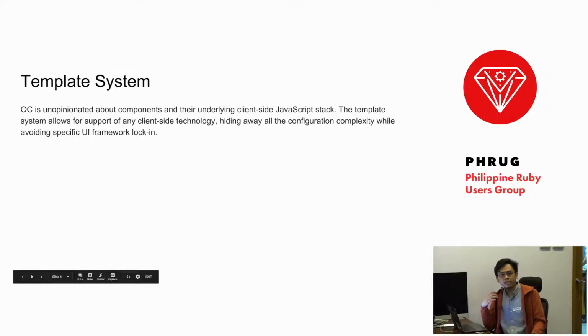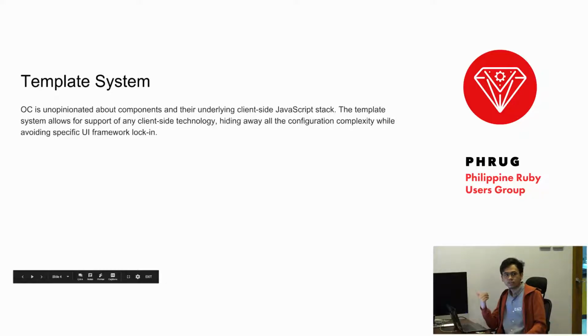Then the template system. openComponents is not bound to any JavaScript or front-end framework you're using. Currently it supports React, Vue, Angular, and Jade. That's quite old; I think they upgraded to Pug and Handlebars.